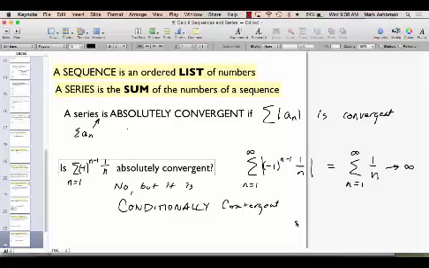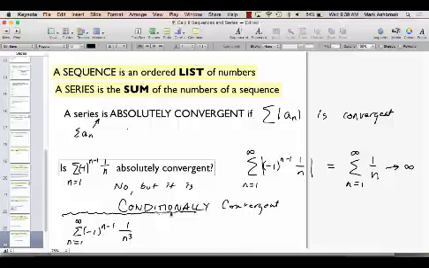All right, so what about a new example? So we switch from harmonic to a p-series.